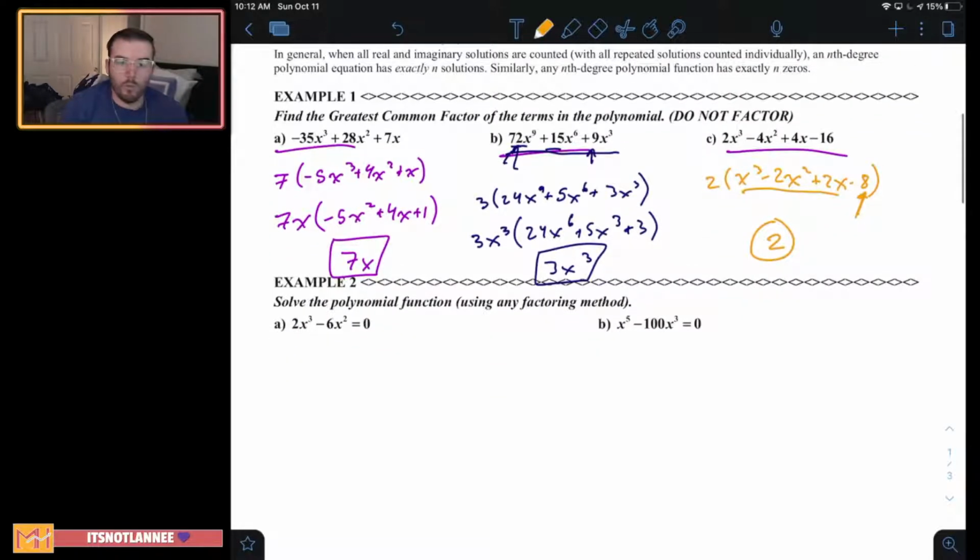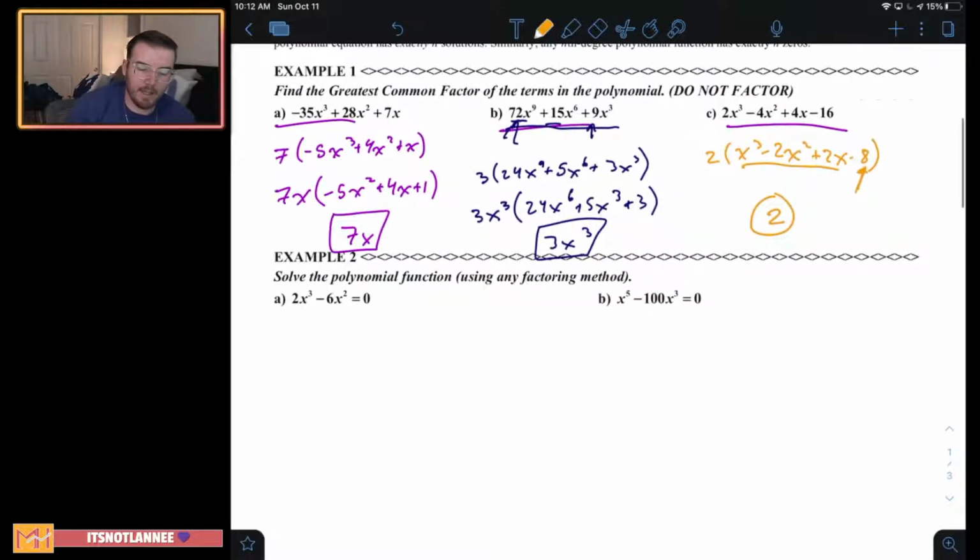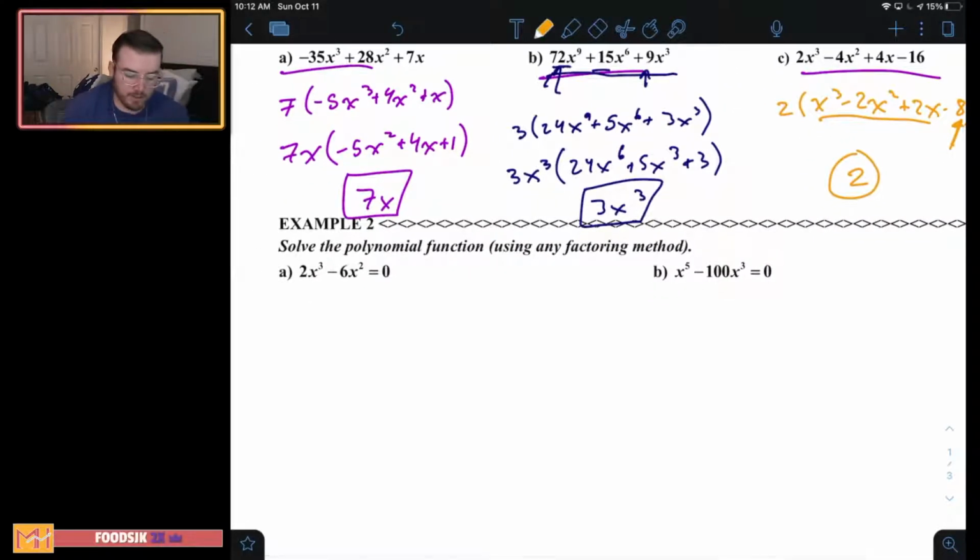So why is that so important? Why are we dealing with that? Well, when it comes to factoring polynomials, and when I say polynomials, I'm now referring to stuff that has a ton more x's in it, right? We're used to things that look like this, time and time again.